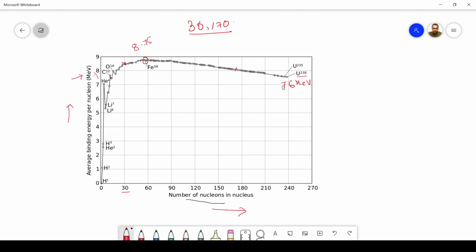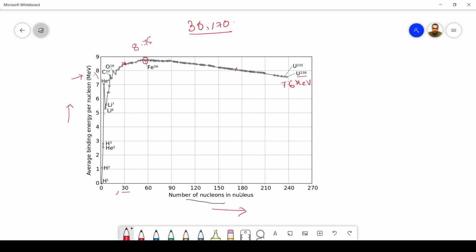Now this average binding energy per nucleon has somewhat lower values below 30 nucleons. When the number of nucleons is below 30, its value is quite low, as you can see in this part of the plot.